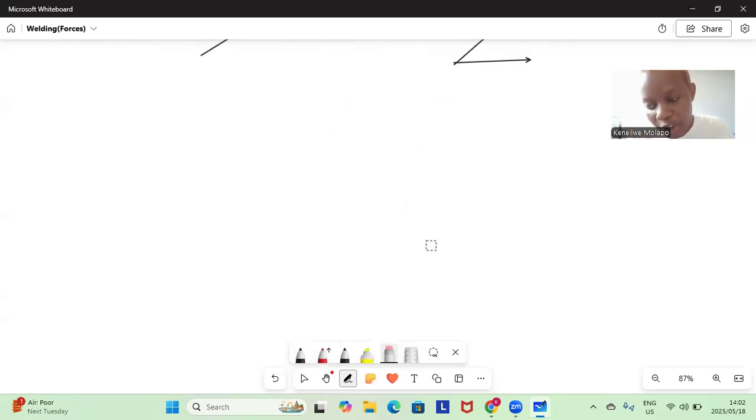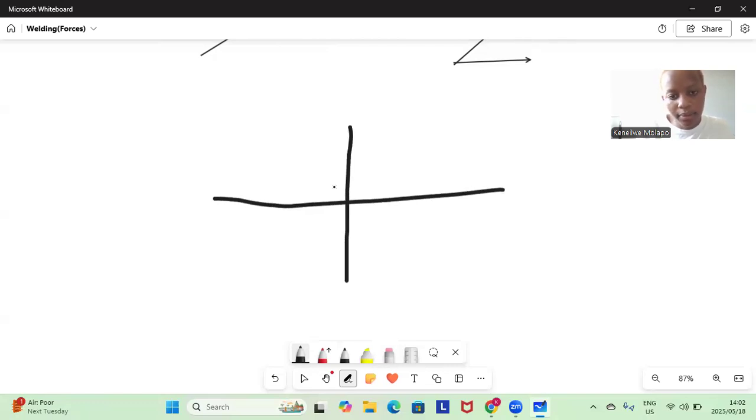To know whether you have to add or subtract, let me draw it. You have a Cartesian plane here, then maybe here you have 50 N. That's your force, then this goes in this direction.